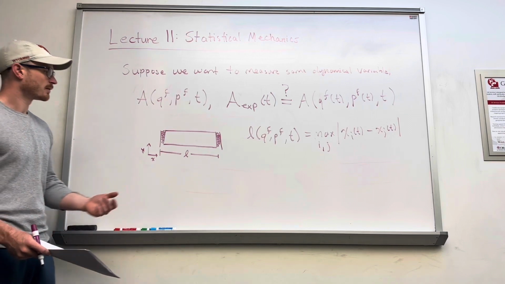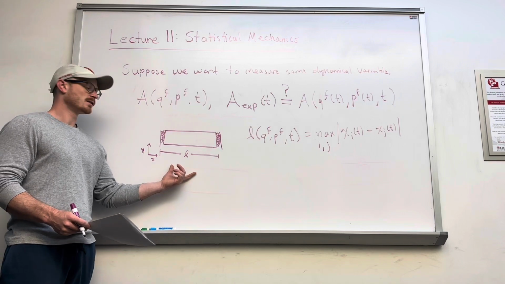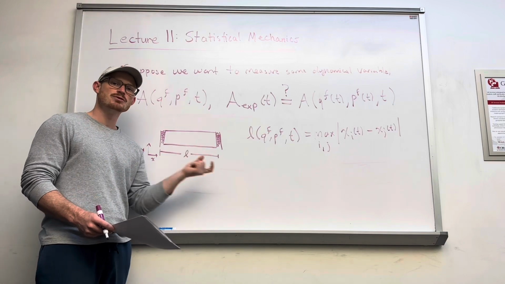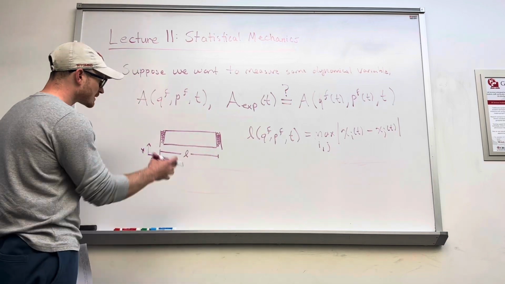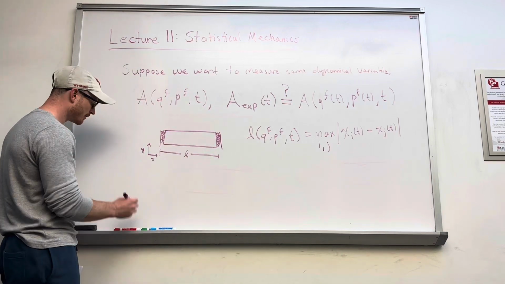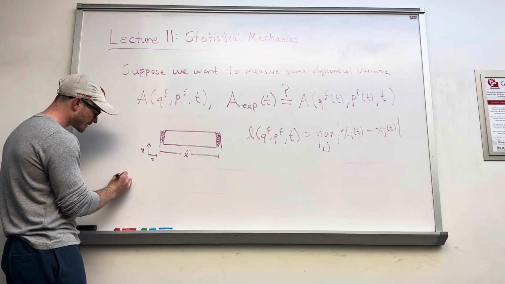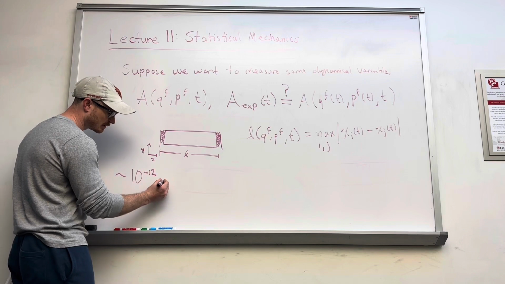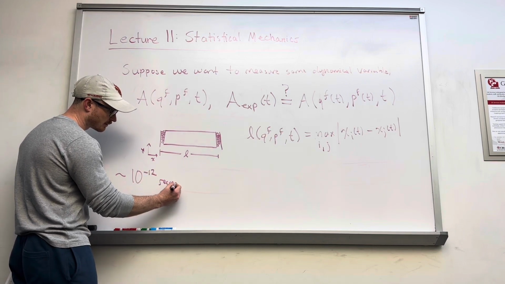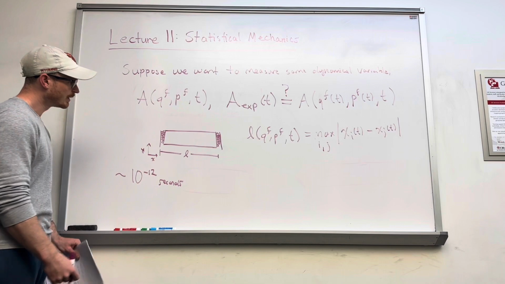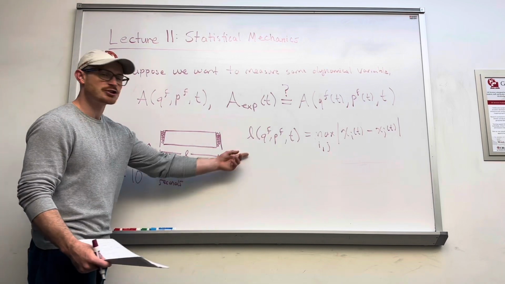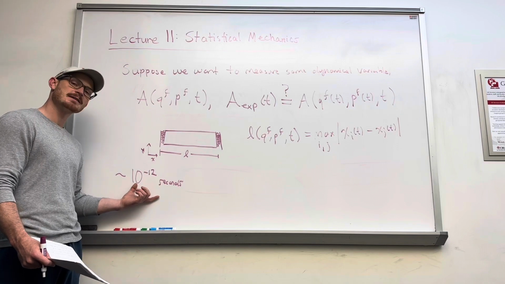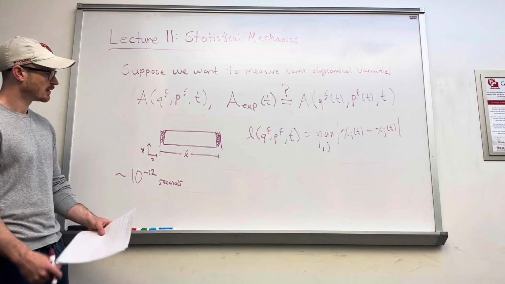Now what's interesting is this L is changing at the time scale that these atoms are moving. At what time scale do atoms vibrate around? Well, that happens at about the order of 10 to the minus 12 seconds. So this length is changing at approximate amounts of time of 10 to the minus 12 seconds.